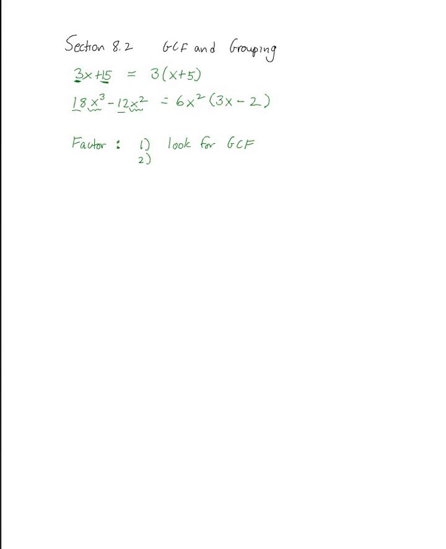Step 2, if you have a binomial, which means you only have 2 pieces, you go for one of those special formulas that we had last time. If you have 3 pieces, if you have a trinomial, this was the reverse FOIL that we did the other day. And if you have 4 terms, that's when we do something called grouping, and we'll get to that here in a few minutes.